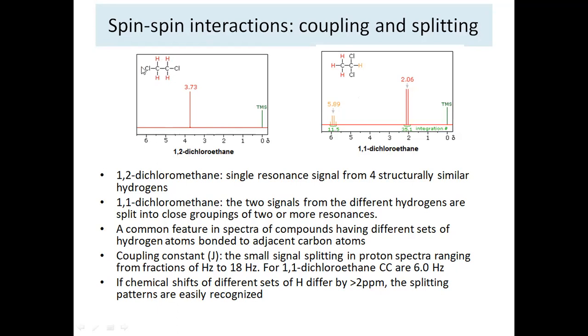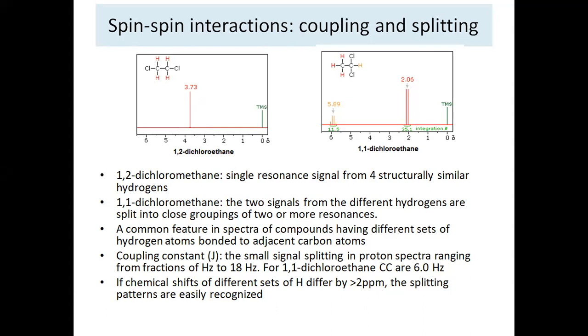If you look at the structure, you will easily understand that all the 4 hydrogens look very similar to each other. Is that clear? And therefore in the NMR spectrum, we get a single intense peak. Can you see this peak at 3.73? 3.73 is the chemical shift.